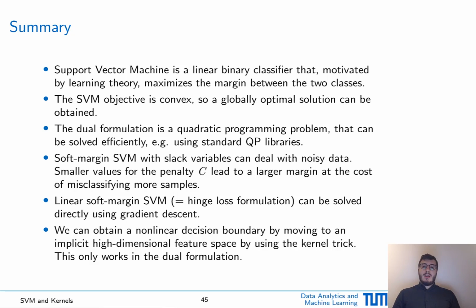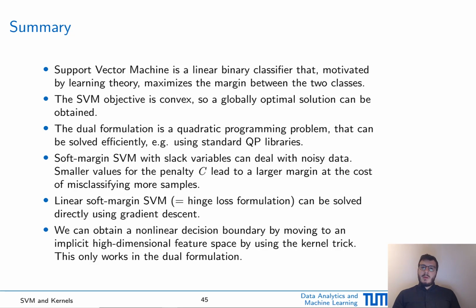We also saw that the optimization problem associated with SVM is a convex constrained optimization problem, which means that we can solve it and find the globally optimal solution. In particular, we used the dual formulation using Lagrange multipliers, where the dual problem turns out to be a quadratic programming problem, which we can solve very efficiently, and there are many libraries for solving such problems.